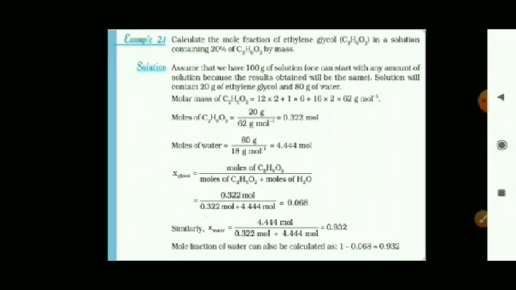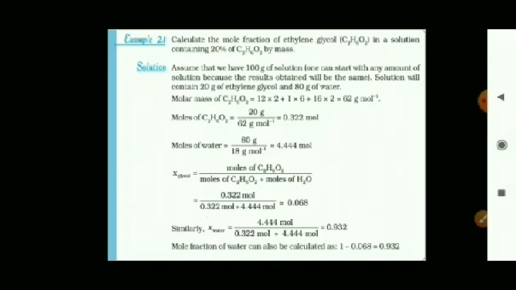Water will be your solvent and 20 gram of ethylene glycol will be your solute.